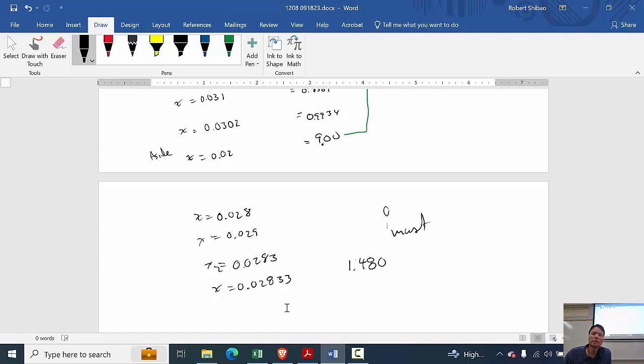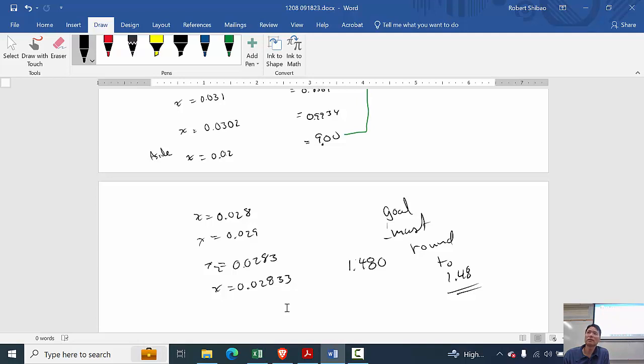The goal is it must round to 1.48. That's our goal. Put it in the calculator, you just do the key, you don't have to go through the guessing tool.